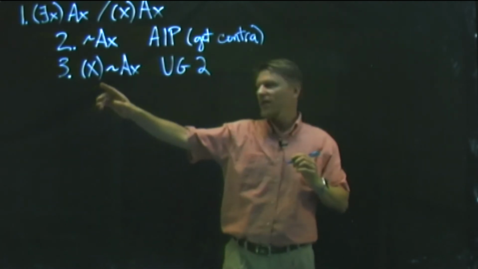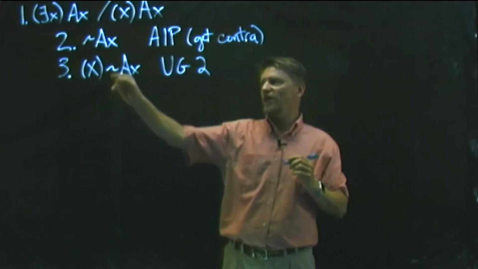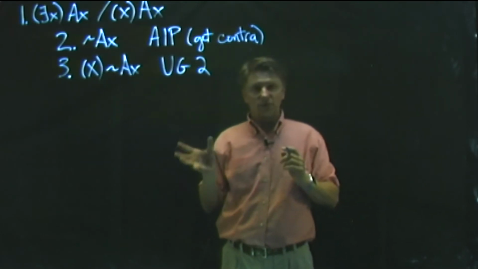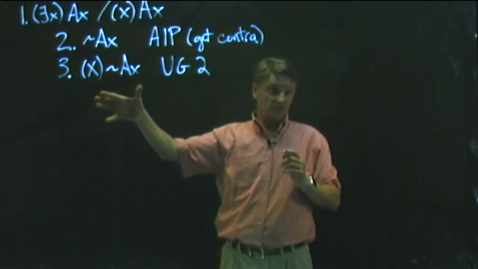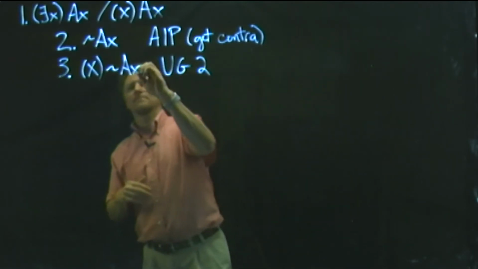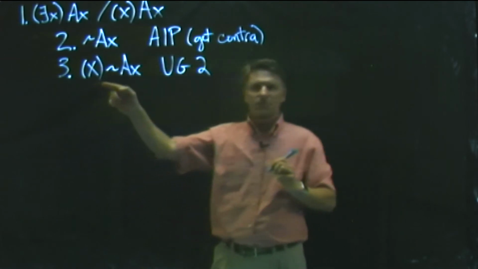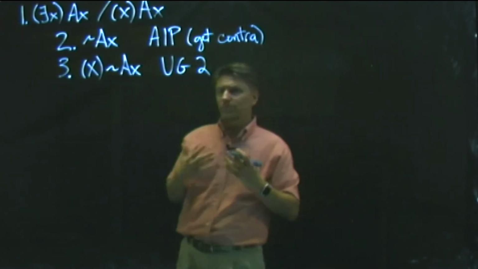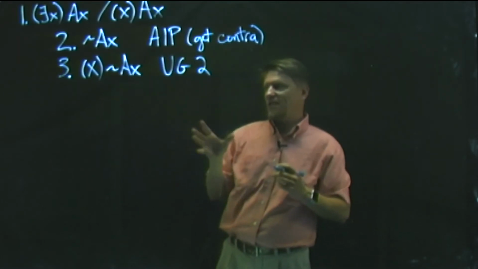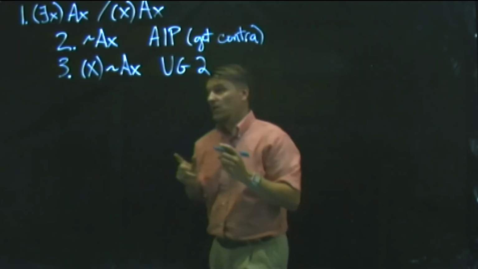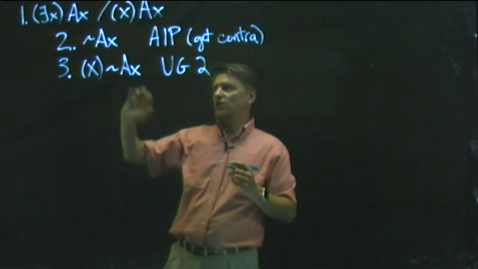So let's say we went ahead and added on the universal quantifier to line 2. Remember, as we discussed earlier in chapter 7, since we have a variable here, it seems like it's at least possible to do that. So we end up with this. Now we'll remember that our goal is to get a contradiction, something and then the same thing with a tilde in front of it. Well, 1 and 3 here are not a contradiction yet.